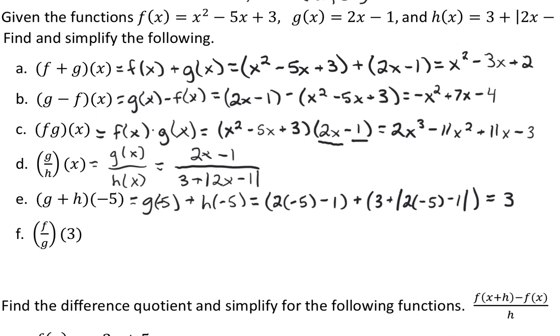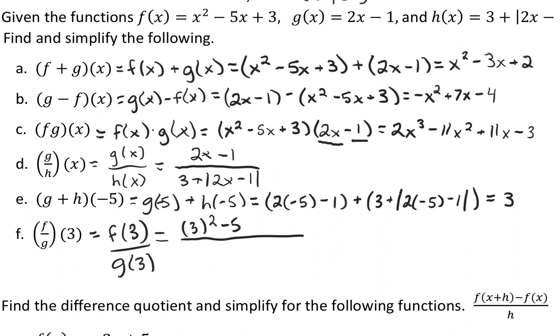Okay, lastly, we have f over g of 3. This is equal to f of 3 divided by g of 3. So this is equal to 3 squared minus 5 times 3 plus 3.